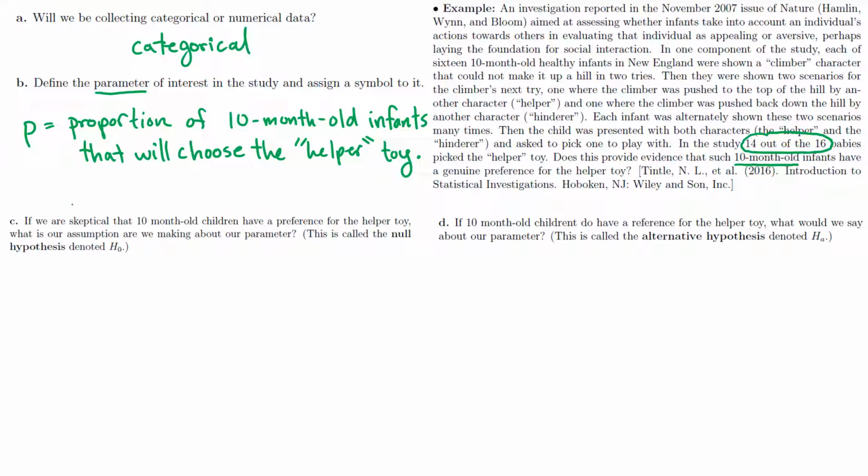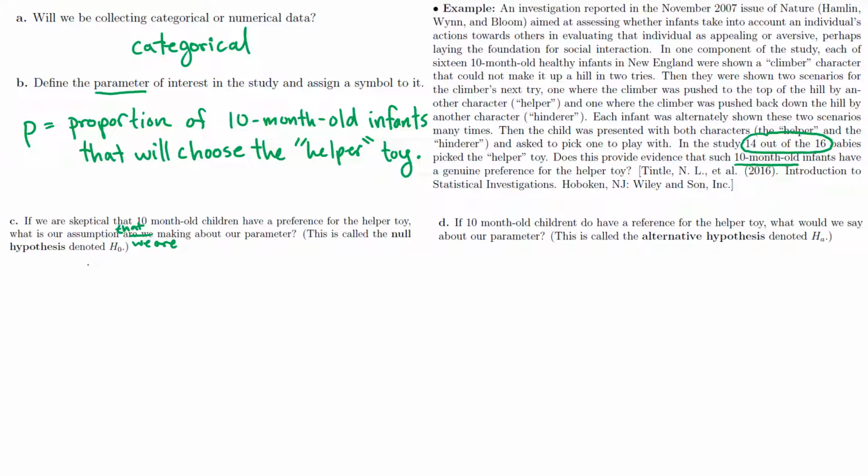Okay, so in part C, it says, if we are skeptical that 10-month-old children have a preference for the helper toy, what is our assumption that we are making about our parameter?